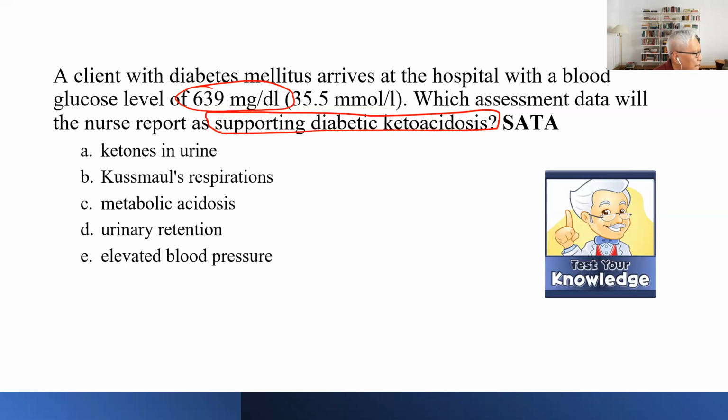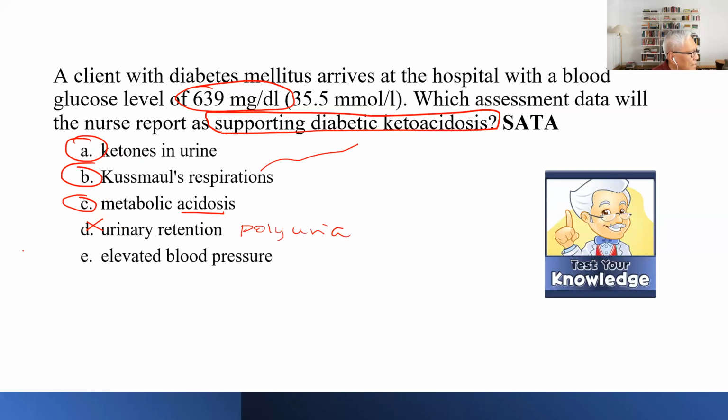Okay, so letter A is correct. Kussmaul's is classic for diabetic ketoacidosis, because it's acidosis. Urinary retention would not be present. It would be polyuria.